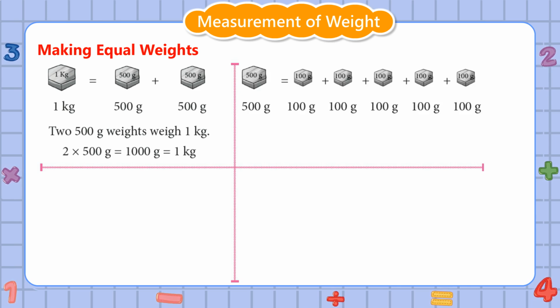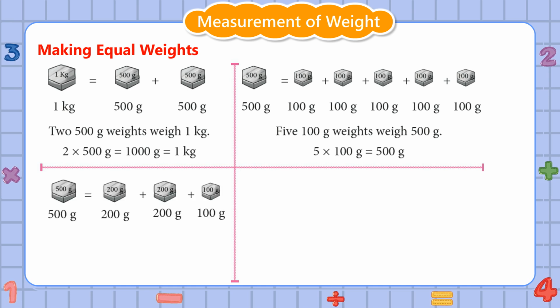500 grams is equal to 100 grams plus 100 grams plus 100 grams plus 100 grams plus 100 grams. Five 100 gram weights weigh 500 grams. 5 multiply 100 grams is equal to 500 grams. 500 grams is equal to 200 grams plus 200 grams plus 100 grams.